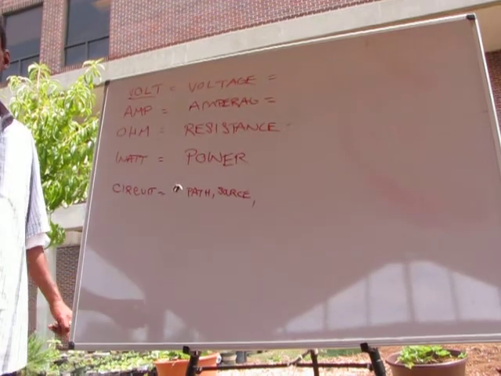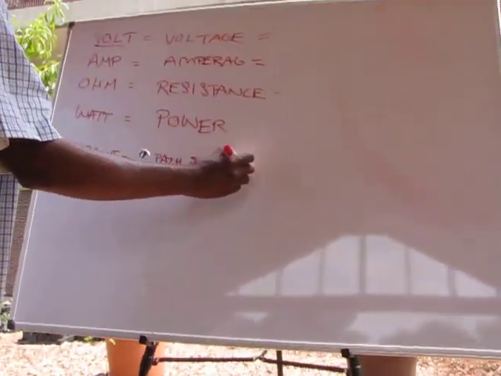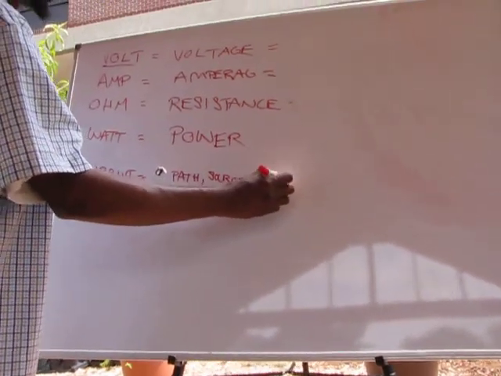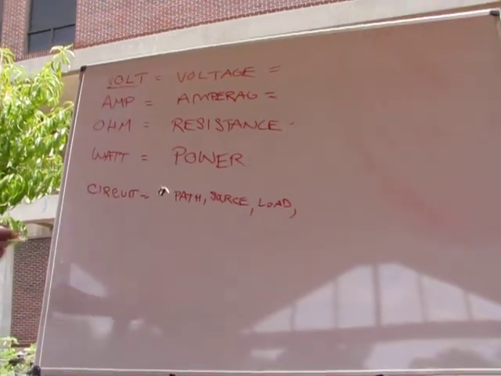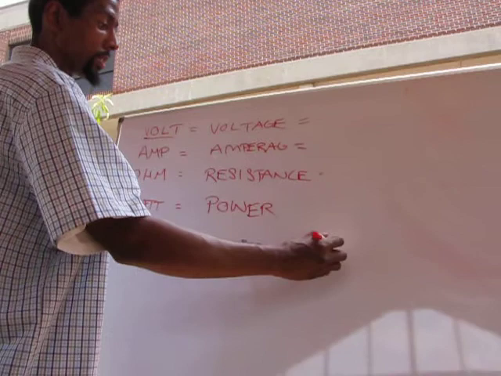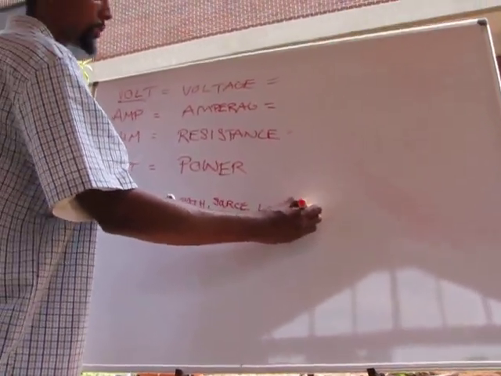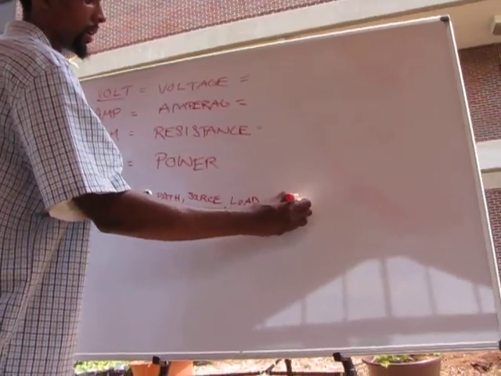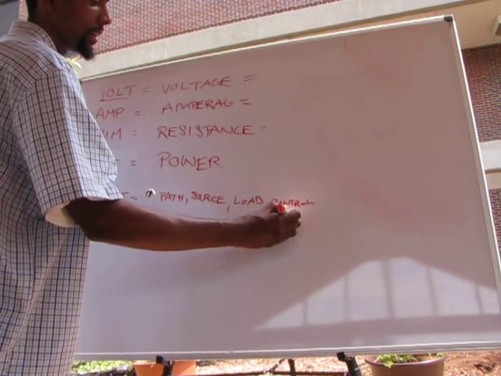You have a source of power, and most often a load, like a light bulb, and most times you'll have a control means, i.e. a switch.